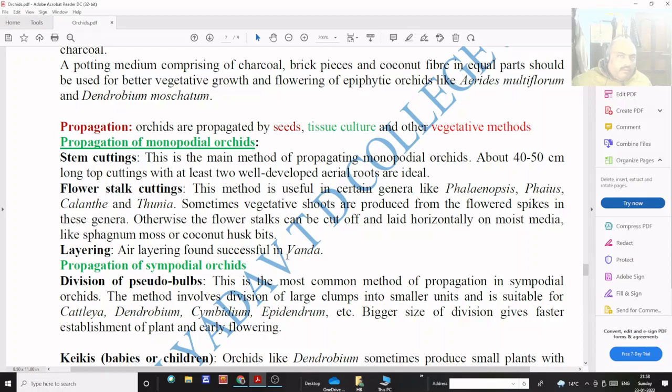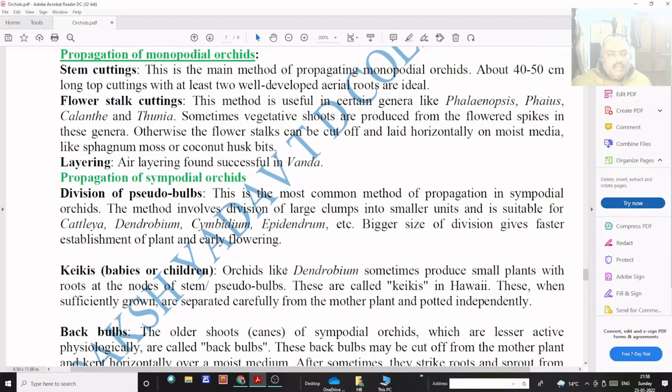But for the propagation of sympodial orchids, we have to divide the pseudobulbs.